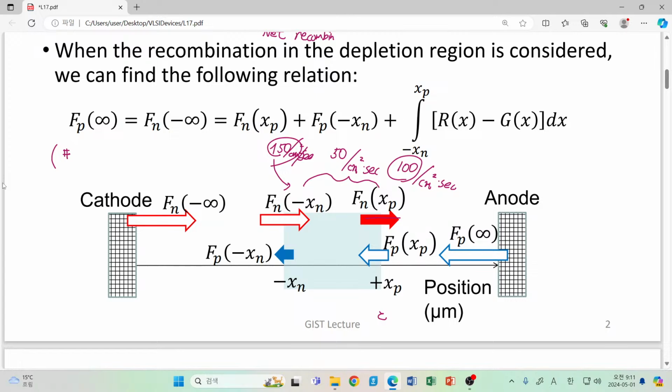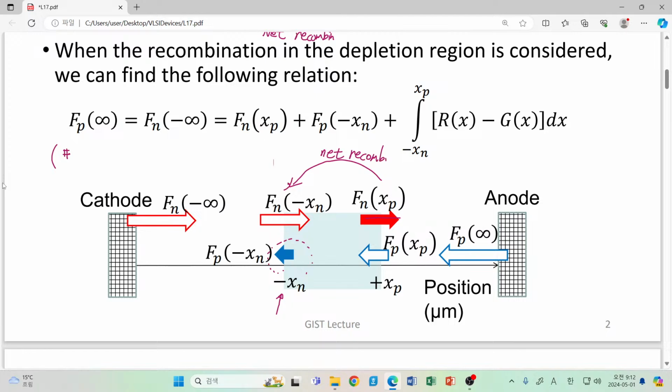So what we have to do is like this. In order to measure the electron flux and hole flux at a given position, for example this position, the hole flux we already know. So the only thing we have to do is move our known electron flux from here to that position. How can you do that? As we have done just before, please add the integrated net recombination.